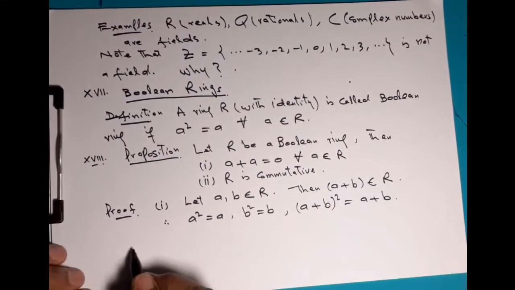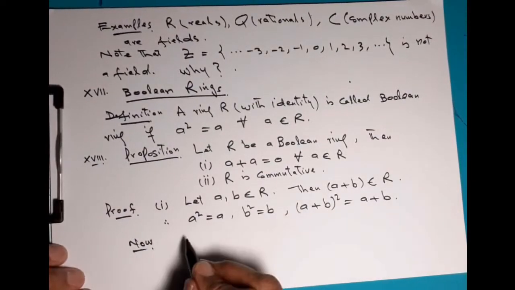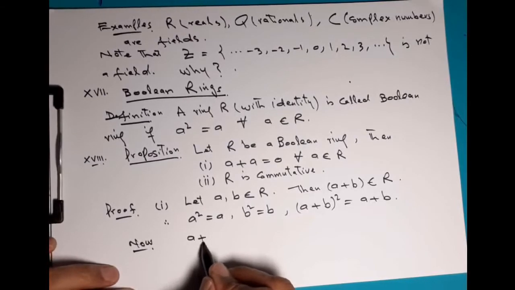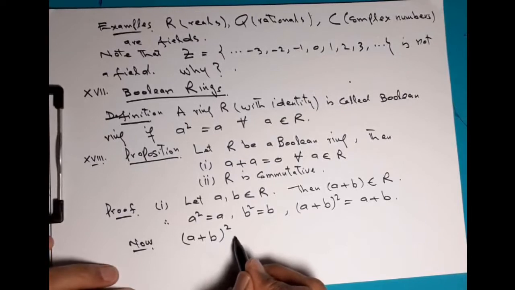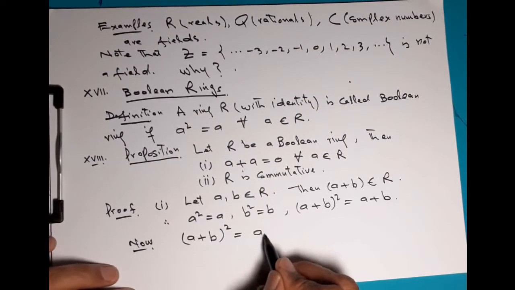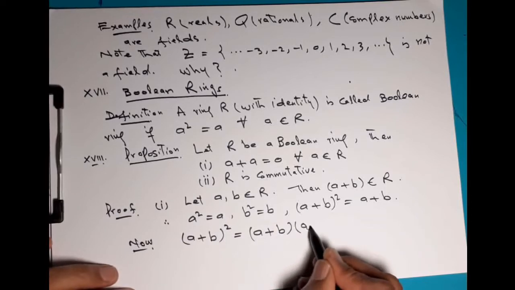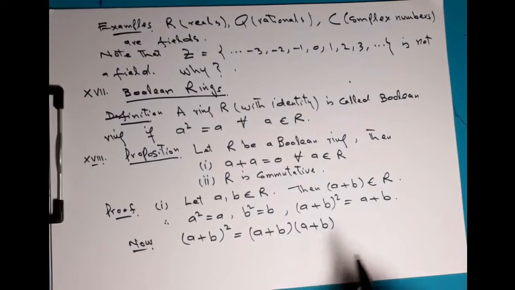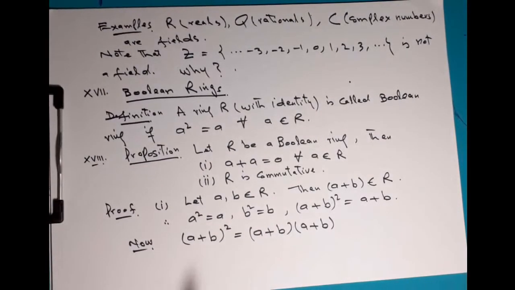Now, let's consider (a plus b) square. (a plus b) square is equal to (a plus b) multiplied with (a plus b). Remember that we are not given that R is commutative. We have to prove that R is commutative yet.